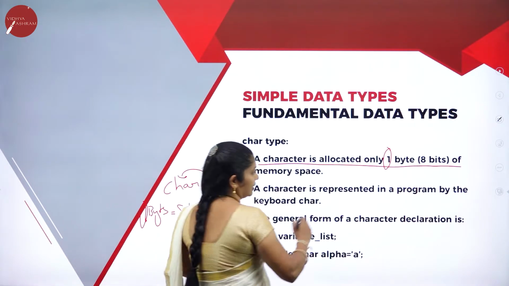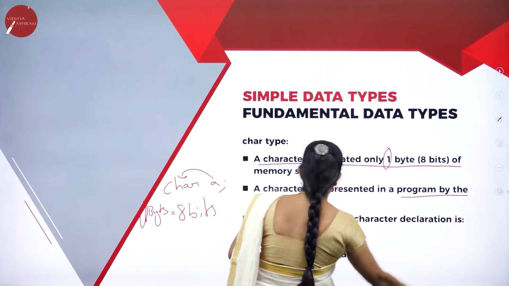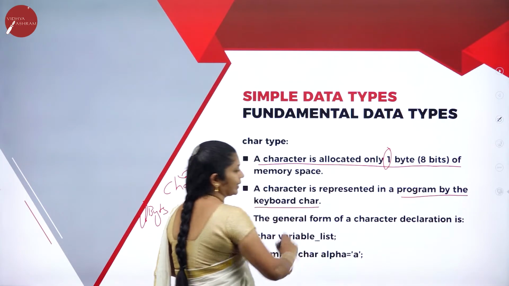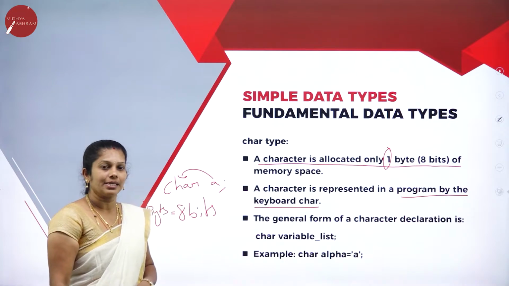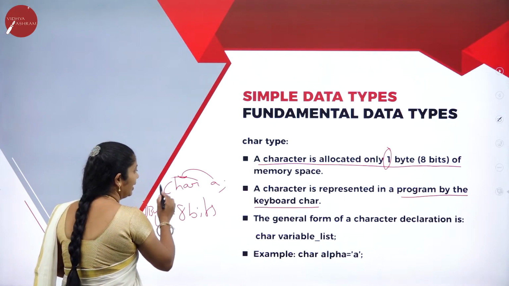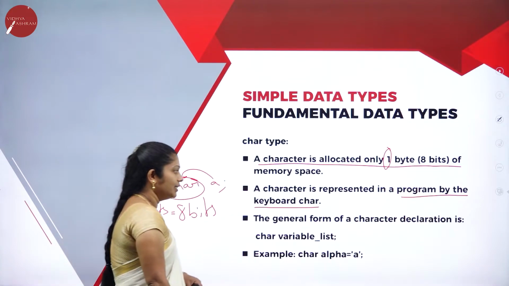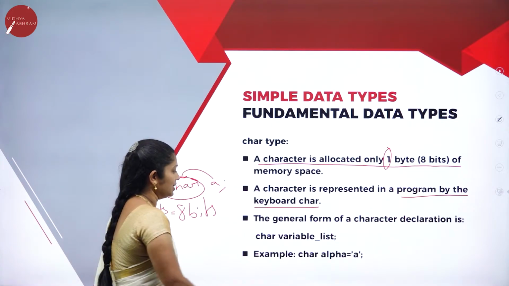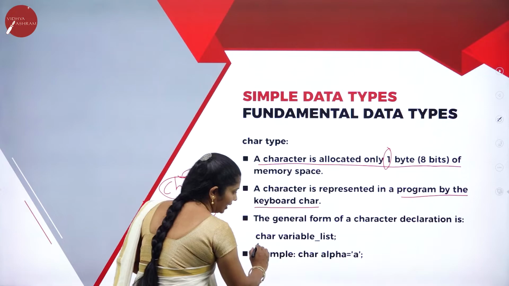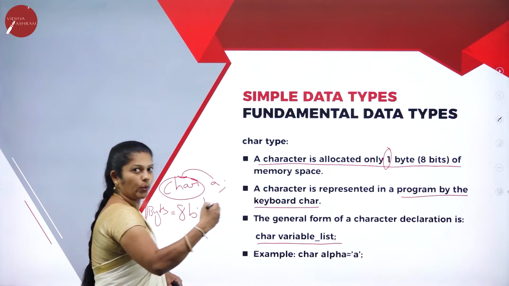The character is represented in a program by the keyword char. Compulsorily, we have to use the keyword char, C-H-A-R. The general form of character declaration is: first you write char, then the variable name or variable list.